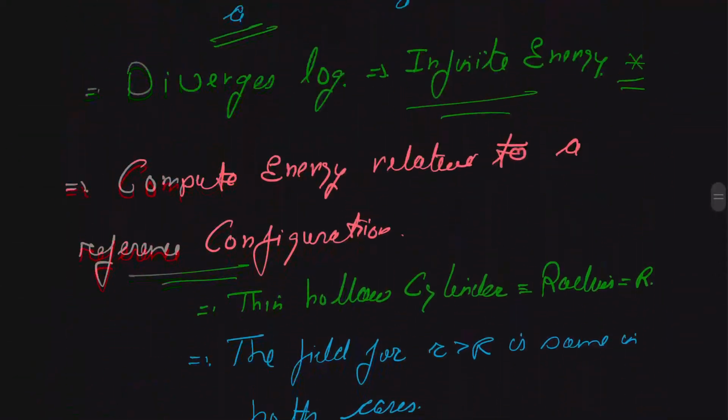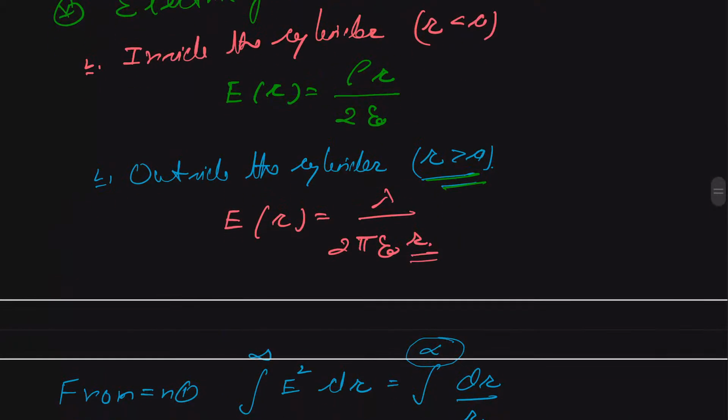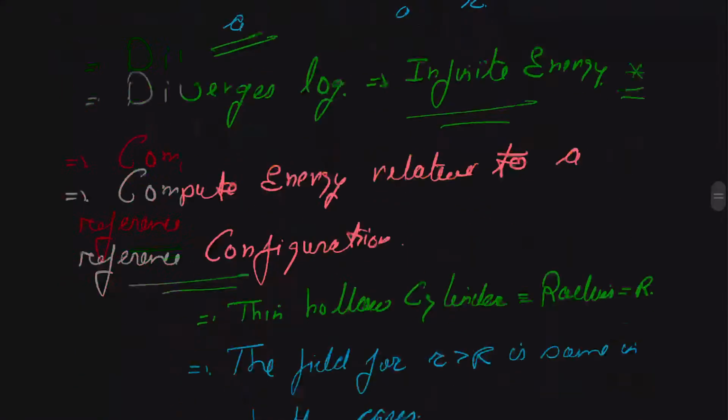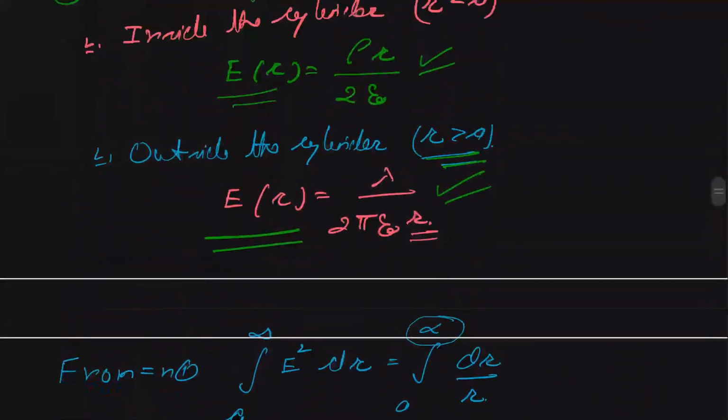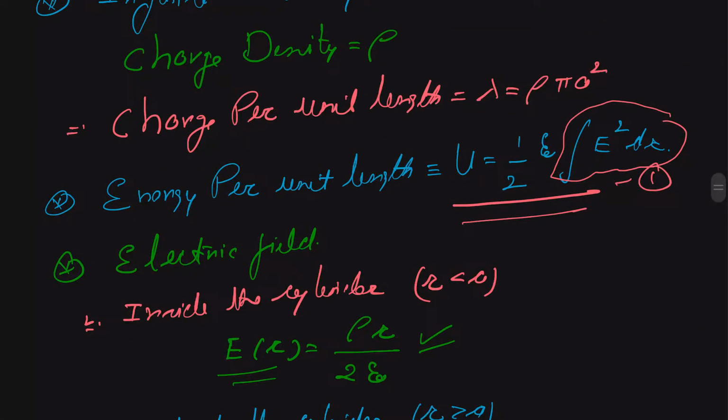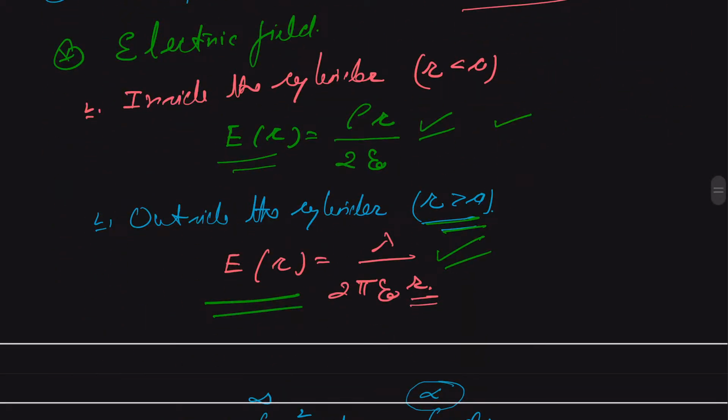This is our basic formula for the electric field outside the cylinder, and this was for inside the cylinder. So for inside we use this relationship, and for outside we use this relationship. And the basic formula of electric field is this one. So we simply substitute our value of the electric field as per our requirement, whether it is inside or outside.